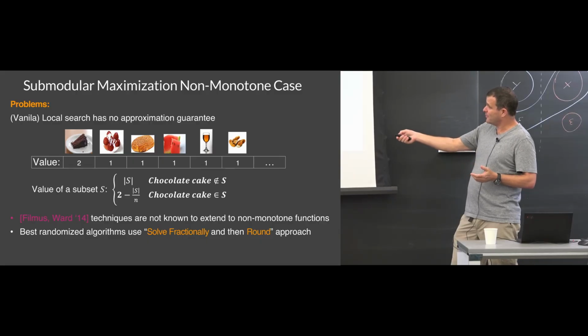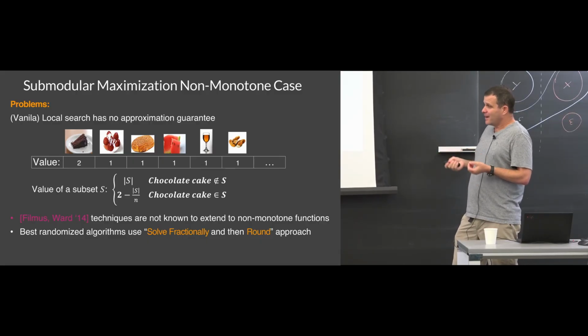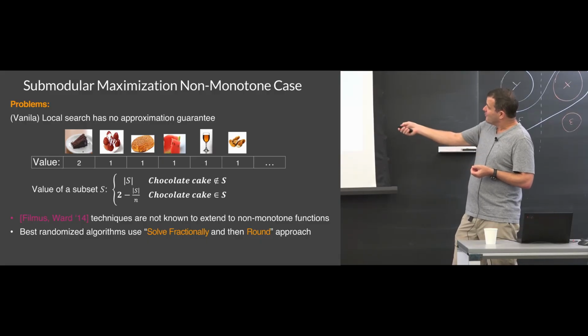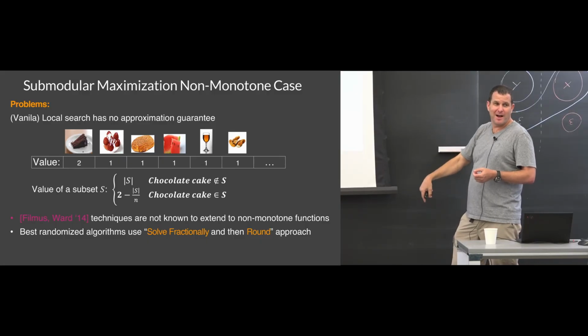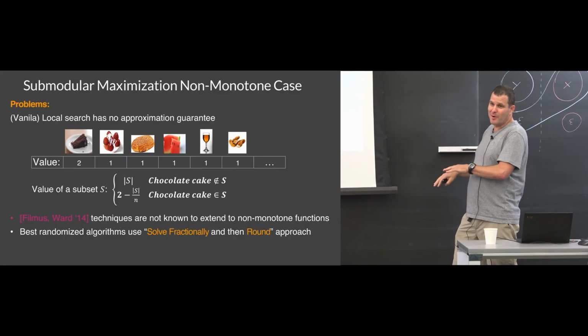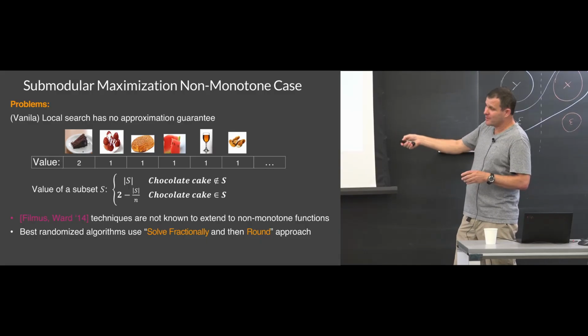You can see it is worth 2 and all other dishes are worth 1. But the problem is that it doesn't combine with anything. While for the other dishes, if you take S of them, you will gain 1 for each dish, if you take this chocolate cake, it will drop you back down to 2 or even lower. And this is a submodular function.